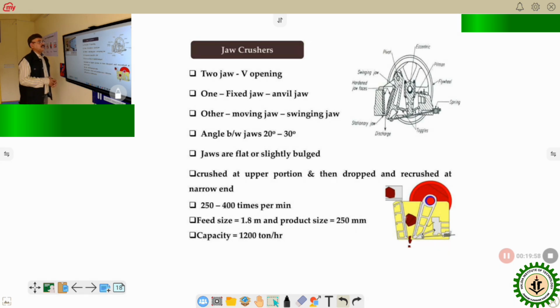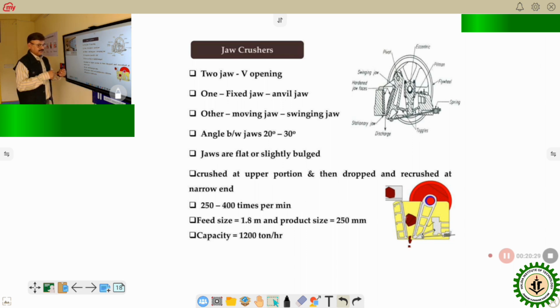Jaw crusher: one jaw is there, just like this. This jaw is driven by an electrical motor, and the material is fed. This is the nip gap through which the material to be crushed is fed. The jaw action is executed by a pitman toggle arrangement.